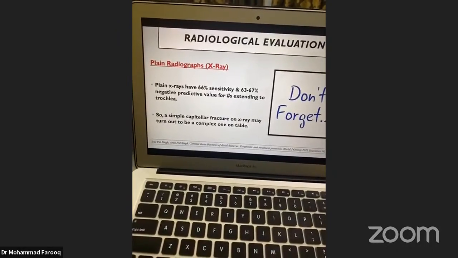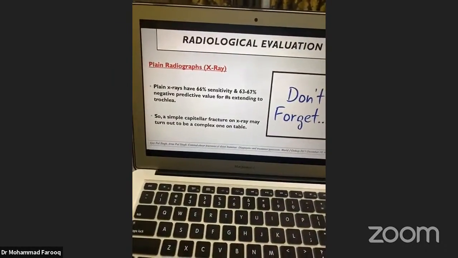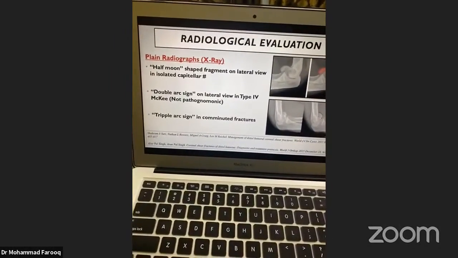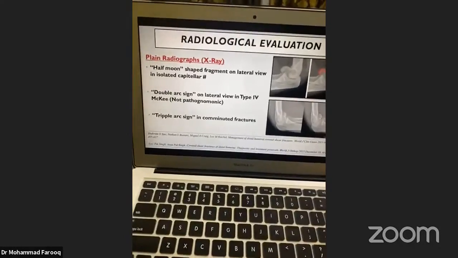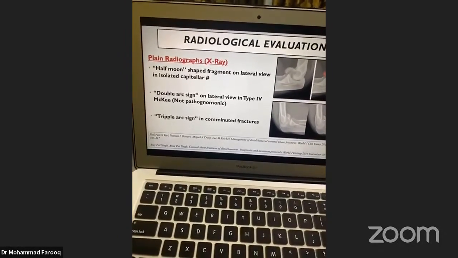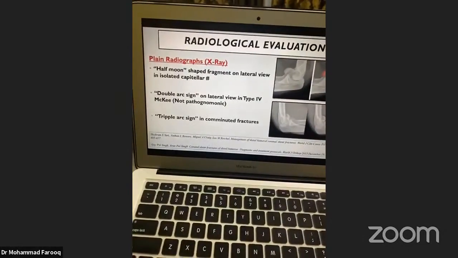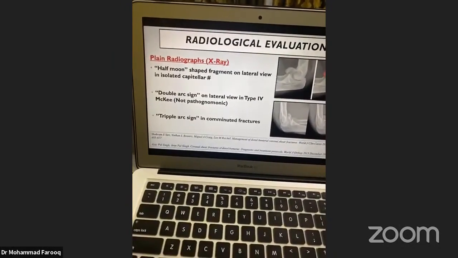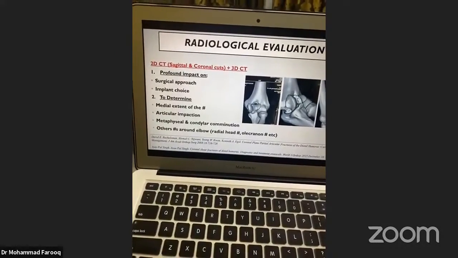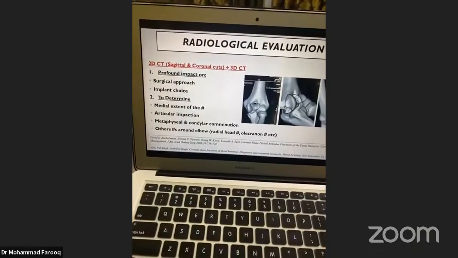They hardly give any information about these fractures. And there are some signs: half moon sign, double arc sign, and triple arc sign. The presence of these signs means that the surgeon is going to have difficulty during evaluation and fixation of these fractures.